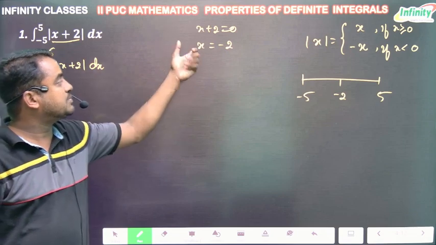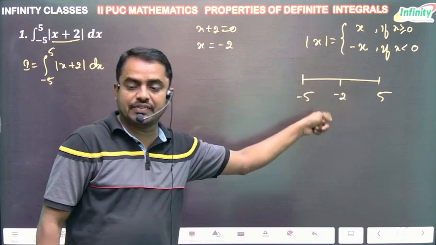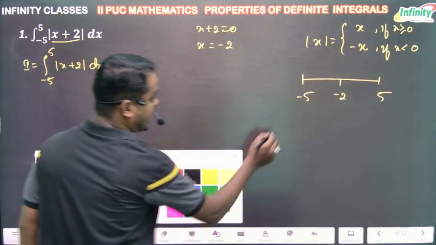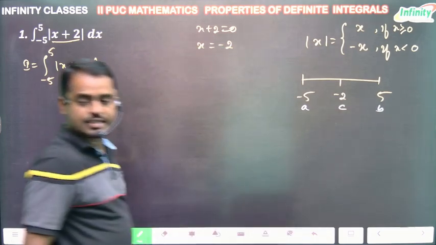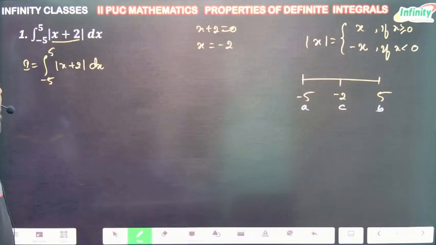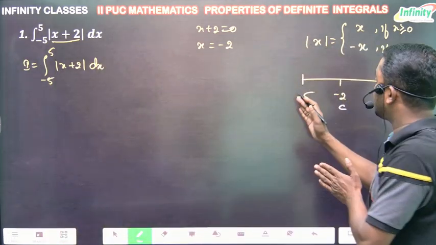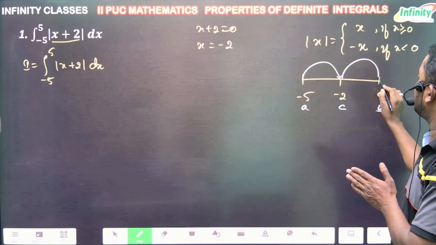Now this minus 2 I am breaking here, between the limits minus 5 to 5, as we did in the property: this is a, this is c, and this is b. Here we are splitting the limits minus 5 to 5 into minus 5 to minus 2 and minus 2 to 5.